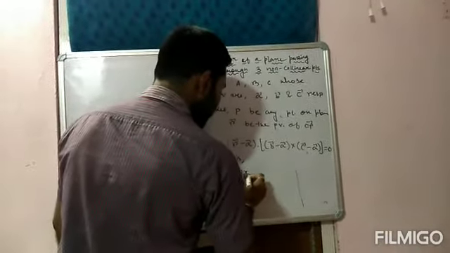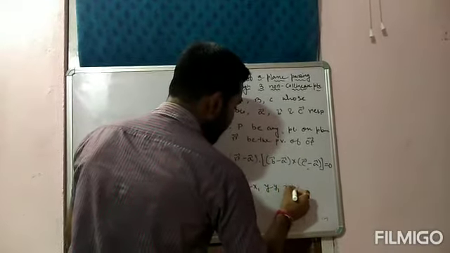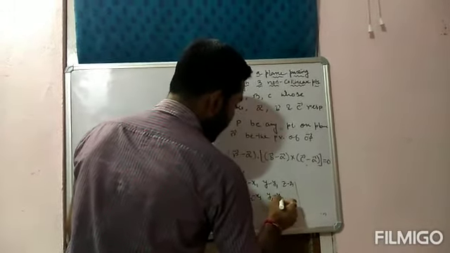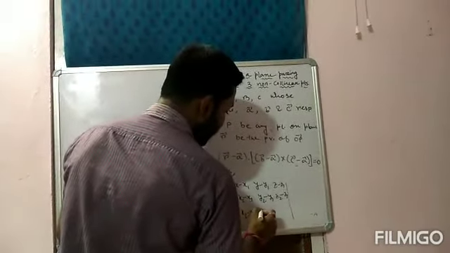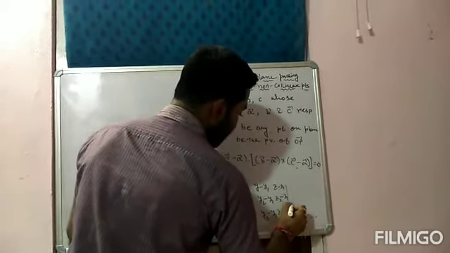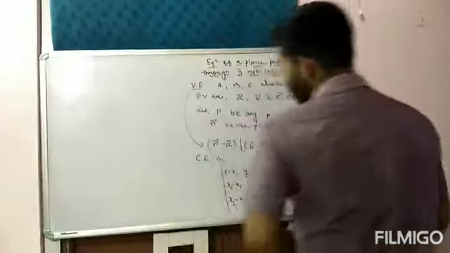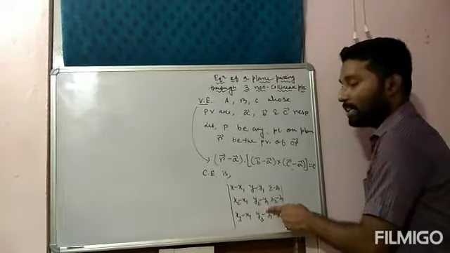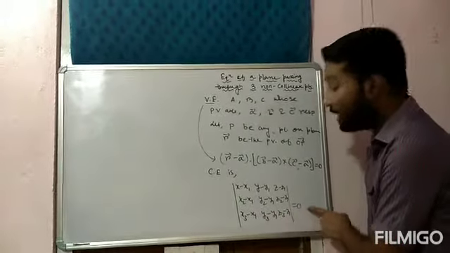Determinant: x minus x1, y minus y1, z minus z1; x2 minus x1, y2 minus y1, z2 minus z1; x3 minus x1, y3 minus y1, z3 minus z1 is equal to 0. Okay, this is the determinant form.